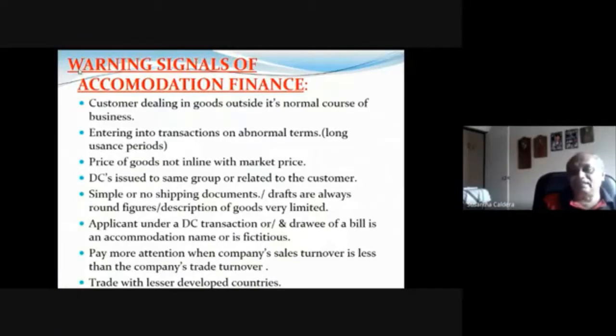Round figure. Description of goods very limited. The applicant under an LC transaction or the drawing of a bill is an accommodation name or it's fictitious.